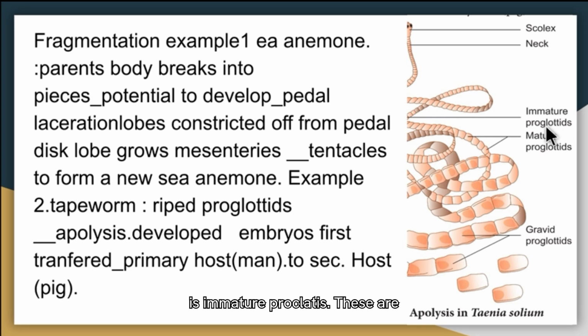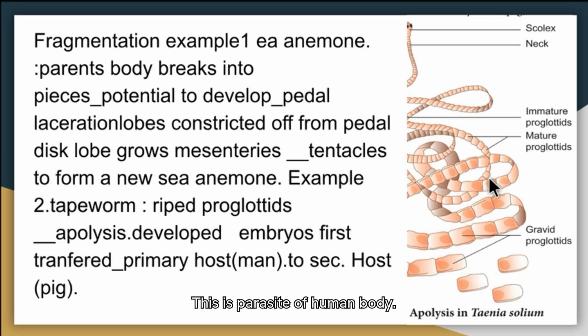This is an immature proglottid. These are some of the teeth. The tapeworm body is like this. In the ripe or gravid proglottids, these regions, these pieces of the body, contain some eggs.